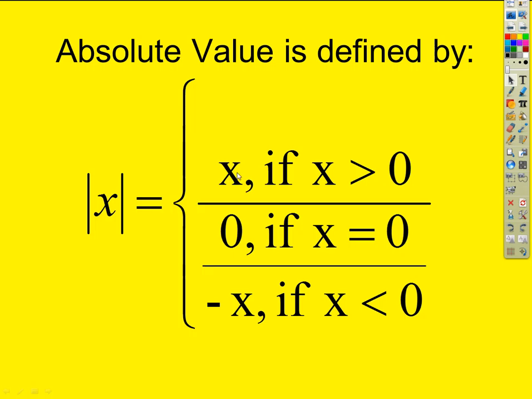We either get y equals x, which is pretty boring. Y equals x is just a line with a slope of 1, y-intercept of 0. Y equals negative x is a line with a slope of -1, y-intercept of 0.